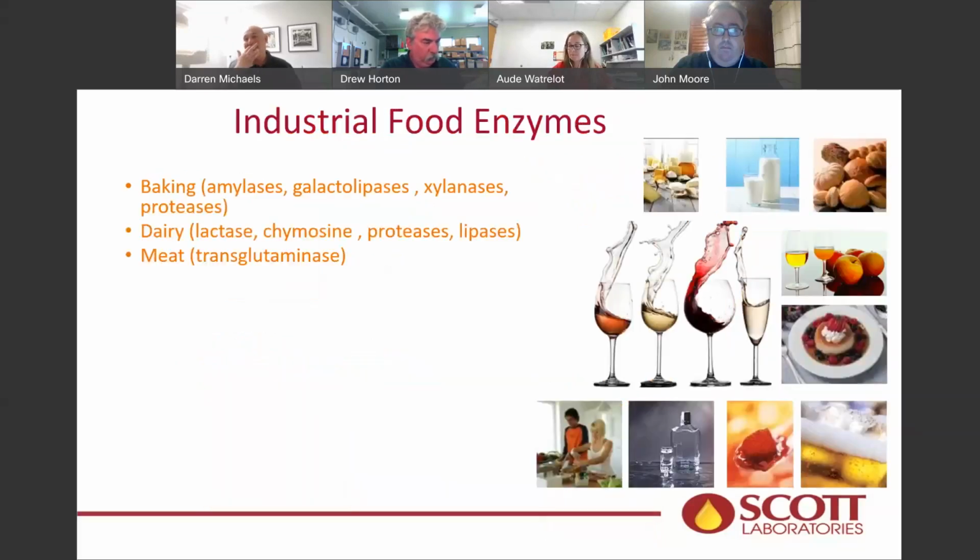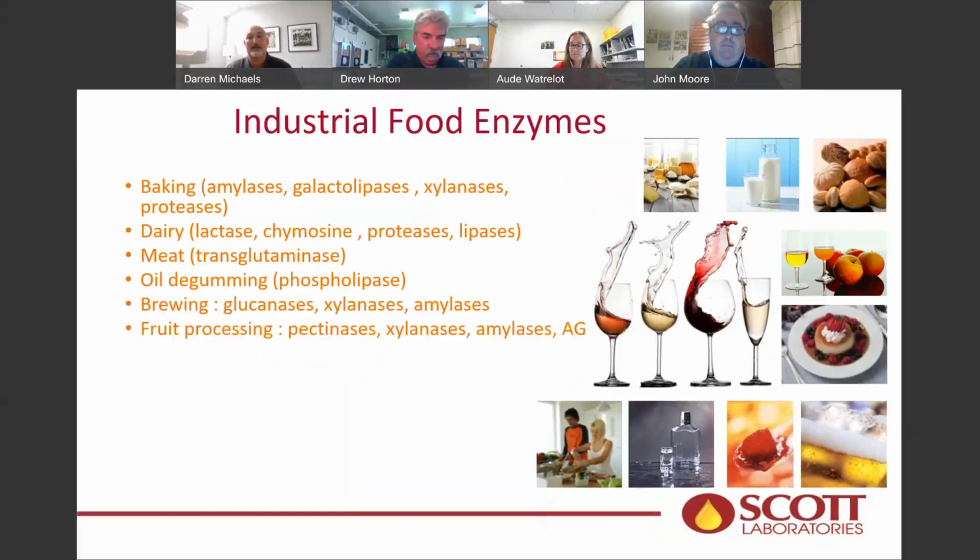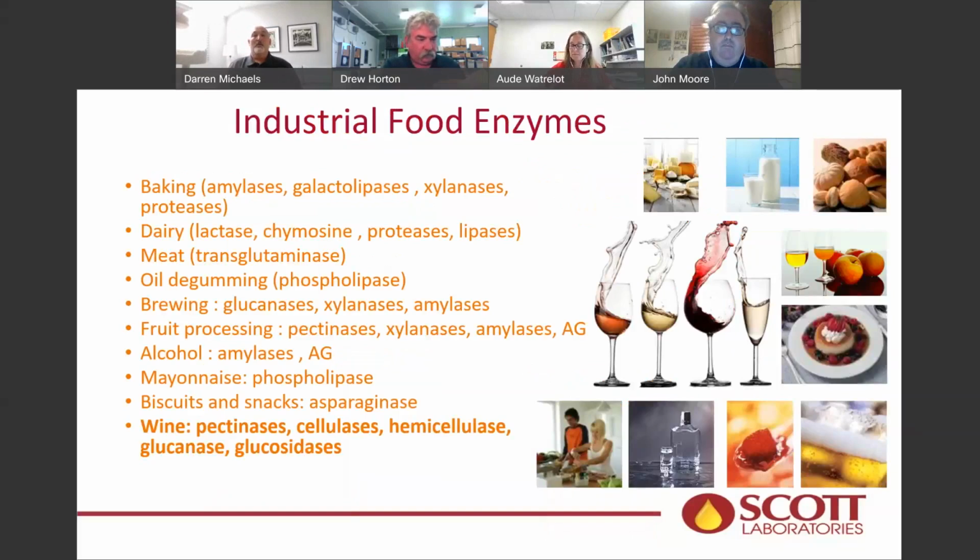So, industrial food enzymes. There's tons of enzymes: amylases, galactolipases, xylanases, proteases, lactases, lipases, transglutaminases. Different industries use lots of different enzymes. We have two main manufacturers that make specialized enzymes for us.